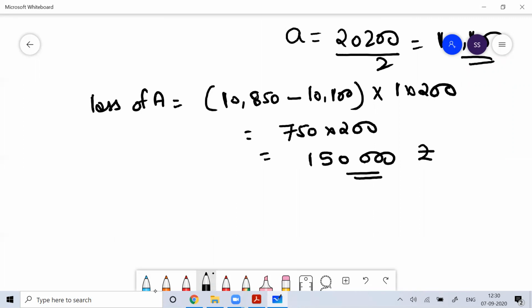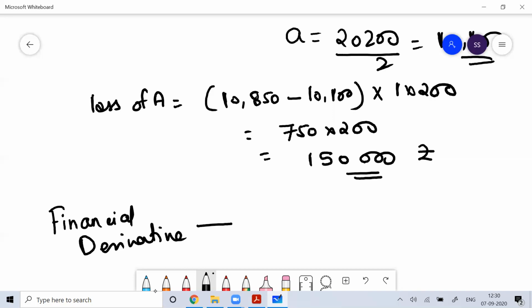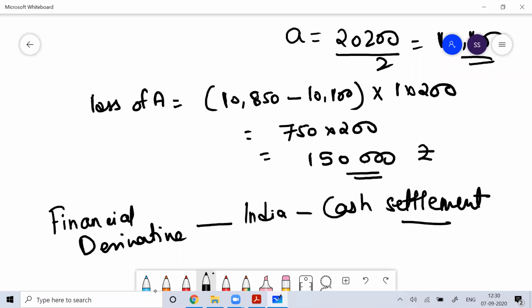So you need to understand one thing, guys: whenever we talk about financial derivative instruments in India, they are basically cash settled. The cash settlement happens in rupees.